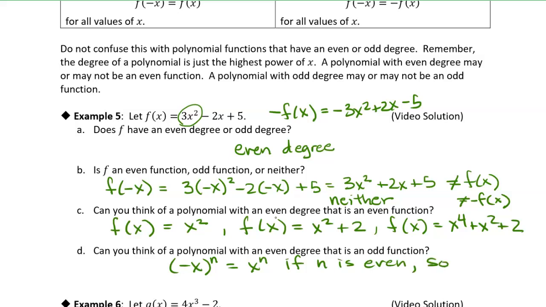So what does that mean? That means that f of negative x can never equal negative f of x if n is even, right? So the answer is no, and it's because of this reason.